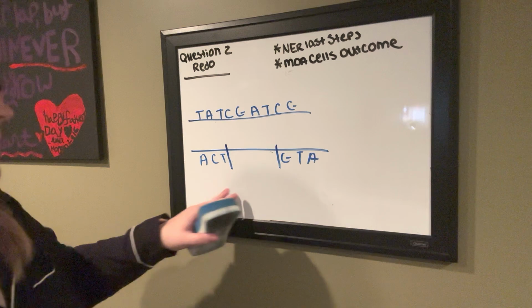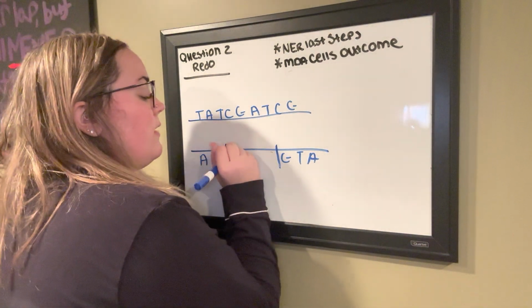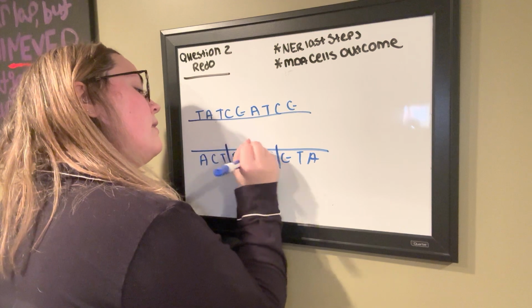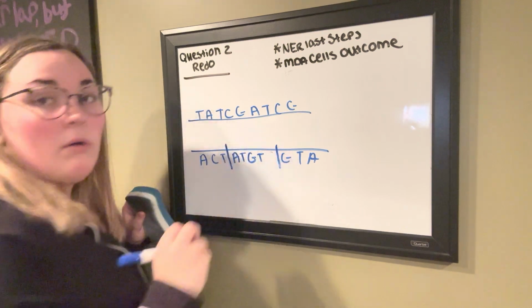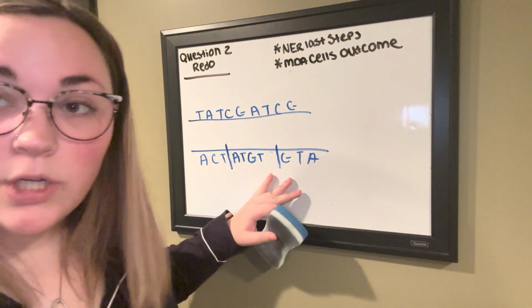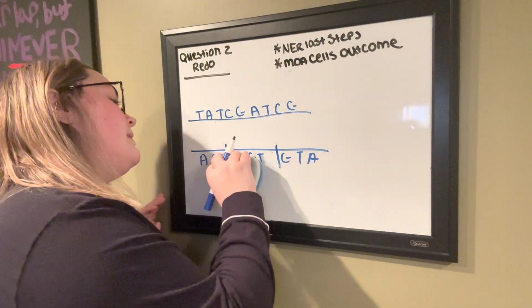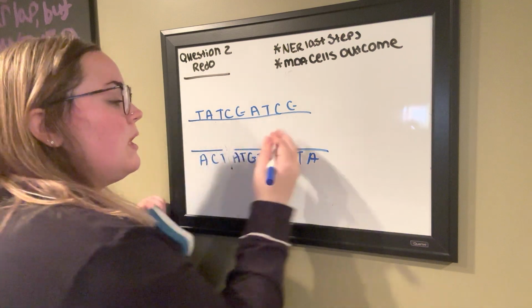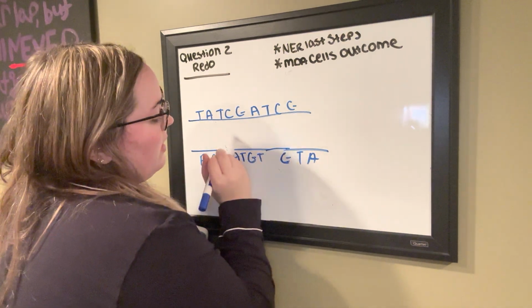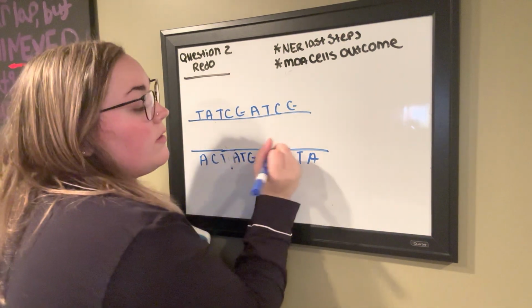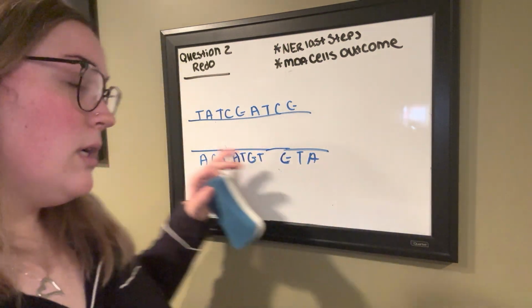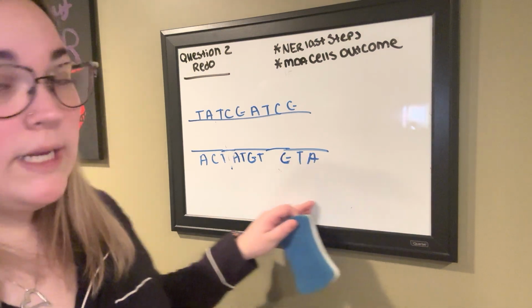It's going to be resynthesized, and DNA polymerase is going to come in and put fresh new DNA nucleotides here. And then we don't have a cut, and ligase is going to seal, and then it can transcribe and be on its way.